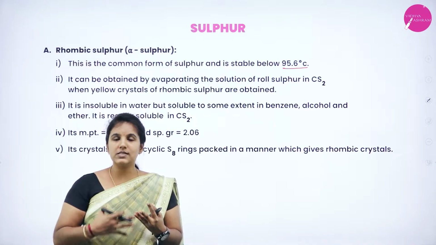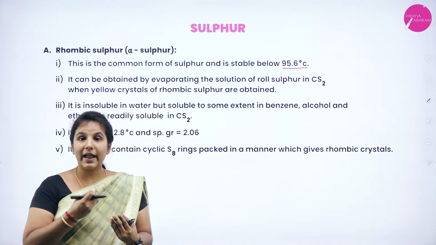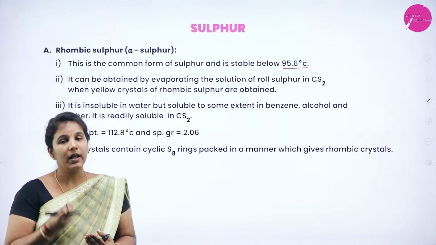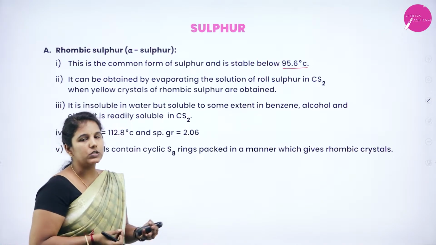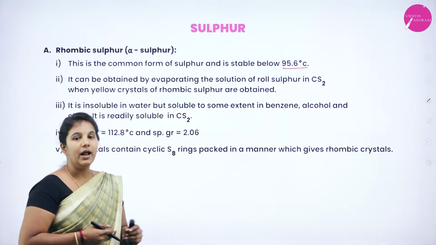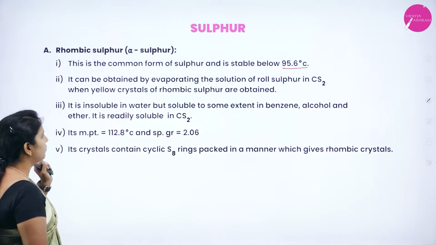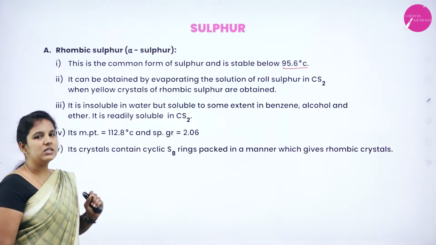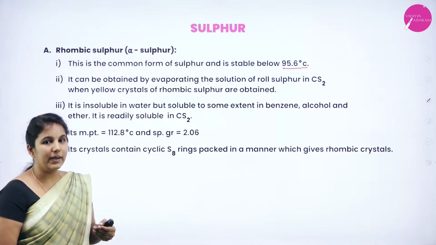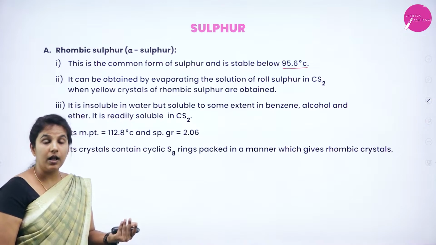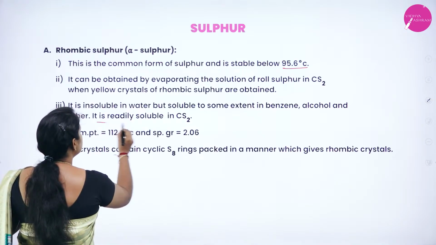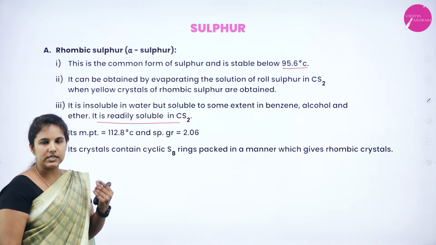When the solution evaporates, yellow crystals are formed. That yellow crystal is known as rhombic sulfur. It is insoluble in water but soluble in some organic solvents like benzene, ether, etc., and it is readily soluble in carbon disulfide.